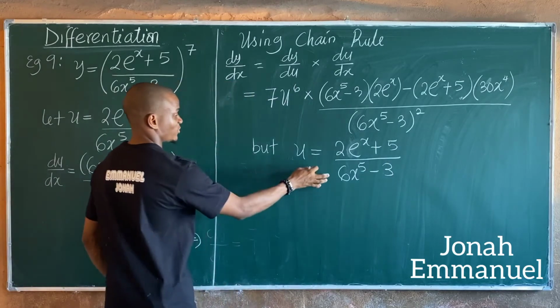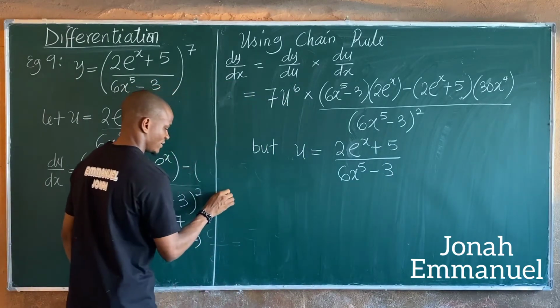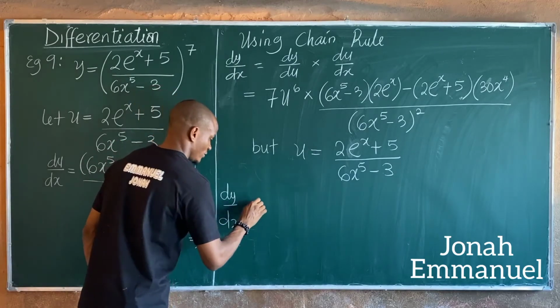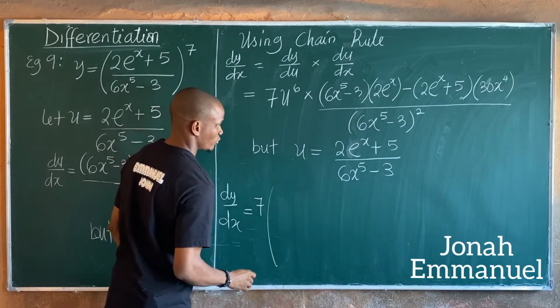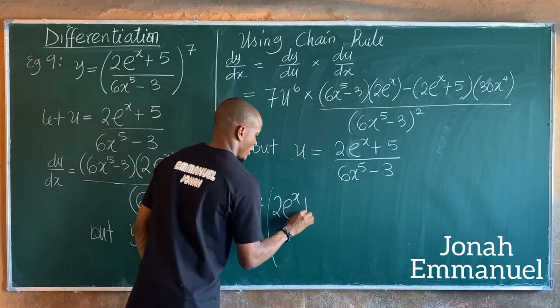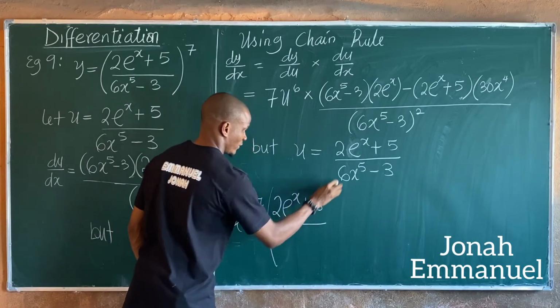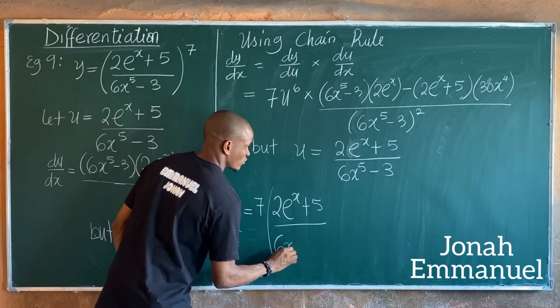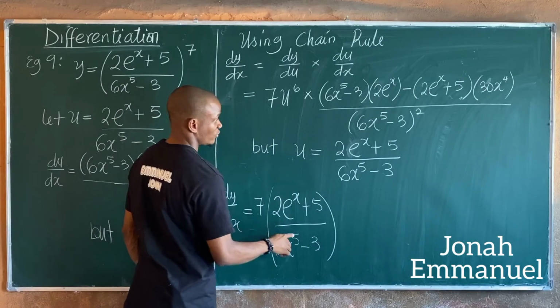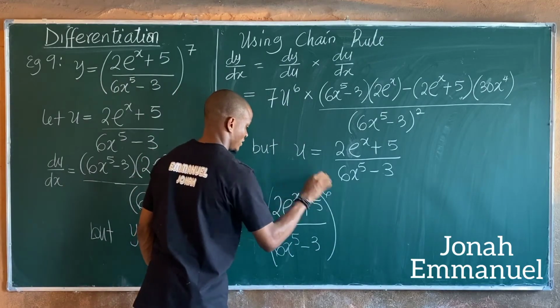So if I substitute the value of u here, I'll have that dy over dx is equal to 7 into u, where u is 2 exponential x plus 5 all over 6x to the power 5 minus 3, all to the power 6.